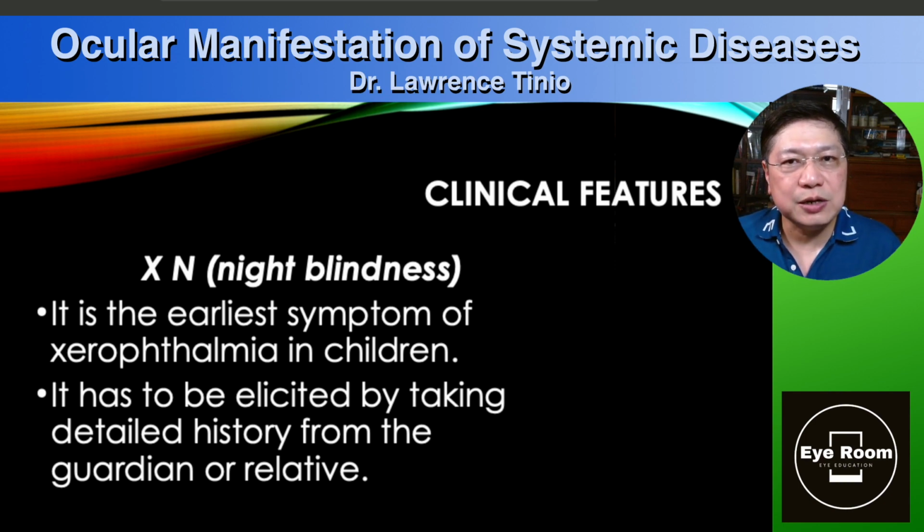It's basically one of the earliest symptoms of xerophthalmia, especially in children. These are areas where vitamin A is not very common, usually in mountainous areas where their choice of food is very limited. You don't usually see this in urban areas. However, you can also see this in patients or children who are very picky eaters.